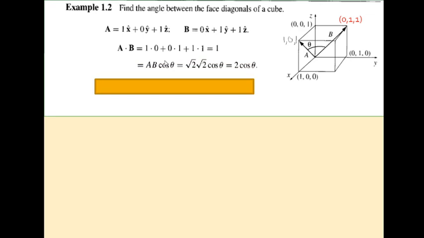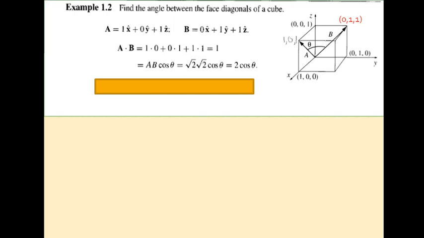Okay, a dot b is equal to ab cos theta, where a and b are the magnitudes. If I find the magnitude, it is the square root of the sum of squares of the x, y and z components, so 1 square plus 0 square plus 1 square, and therefore the magnitude of a is root 2, and similarly the magnitude of b is root 2, times cos theta.